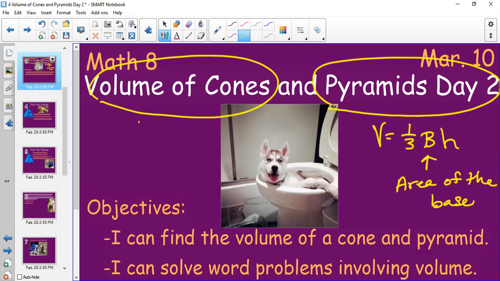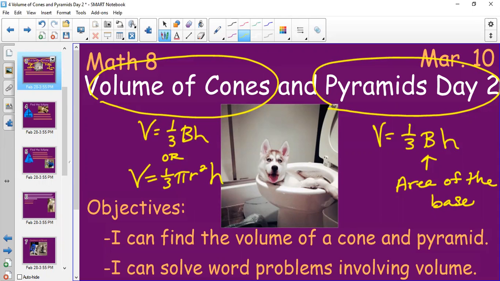All right, cones, you could have that same formula, so 1/3 big B H, or since all cones have a circle base, a lot of times you will see pi r squared already plugged in, since that is the area of a circle. Either of them will work.